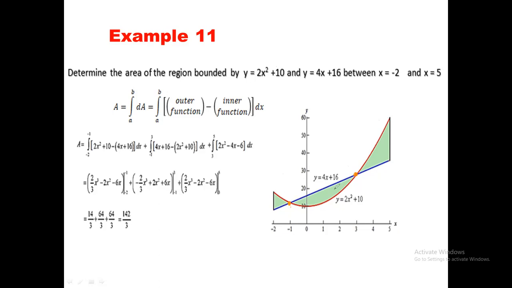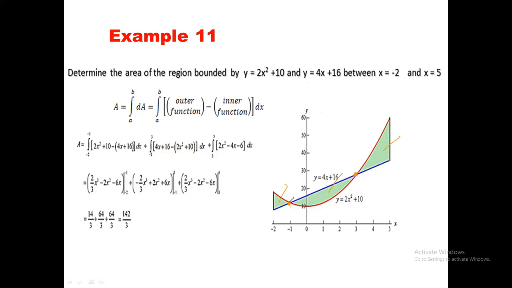Once you have the curve and the line, it would be easy to see what areas you're going to determine. In that case, that would be this 3. Again, if the intersections are not given, class, you have to find the points of intersection.